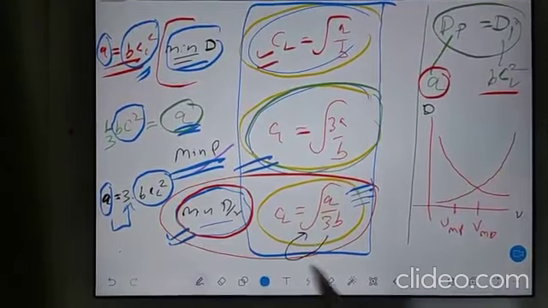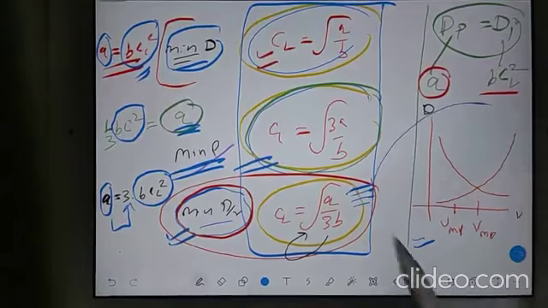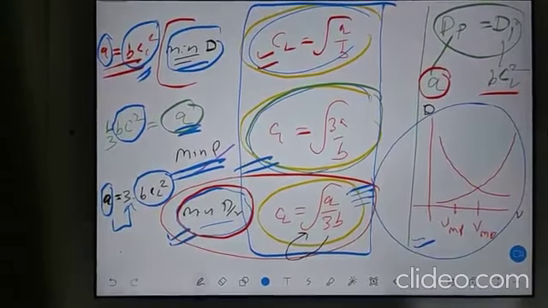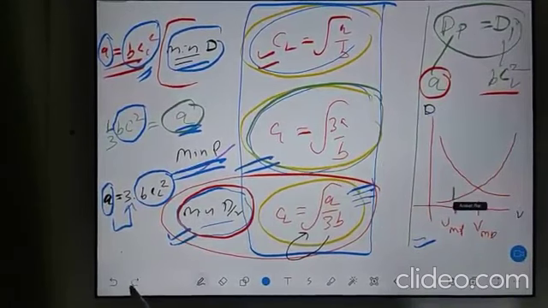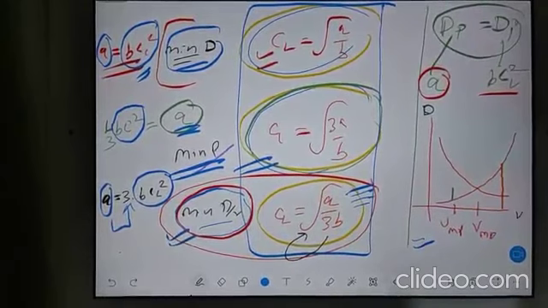It means in the graph, where will that velocity be? Can someone tick on my screen? In this graph, where will that velocity location be? Yes, somewhere there. Very good.